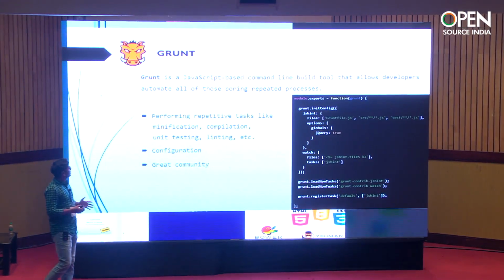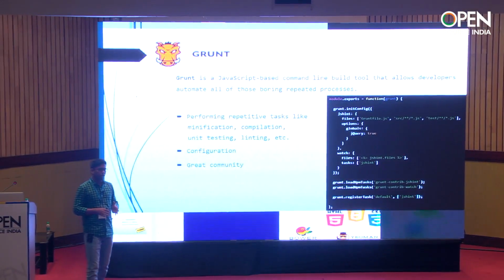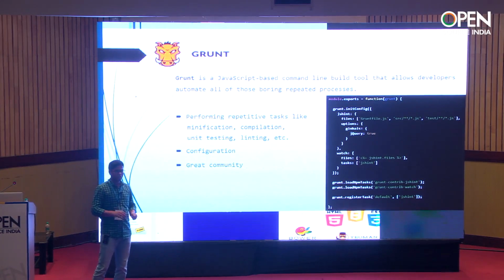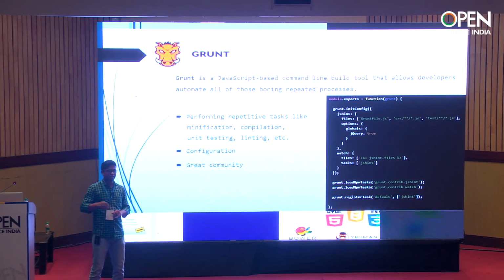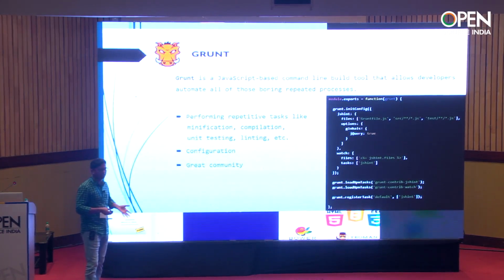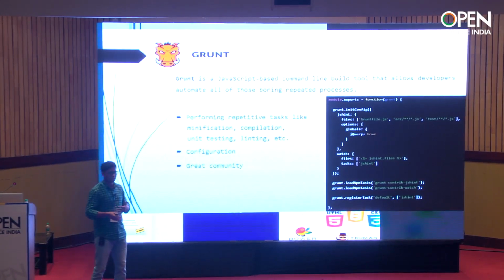So Grunt is a JavaScript task runner. They defined a standard way of writing the configuration file. It's a JSON file. You write it, and when you run it, it will do the task. And there are lots of plugins they wrote for all the build processes we discussed earlier: minification, compilation.